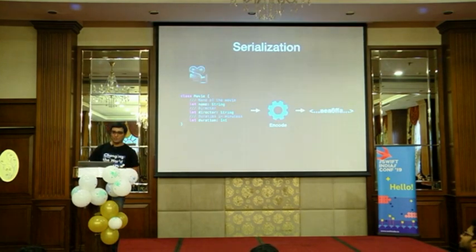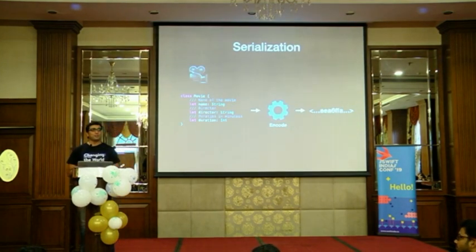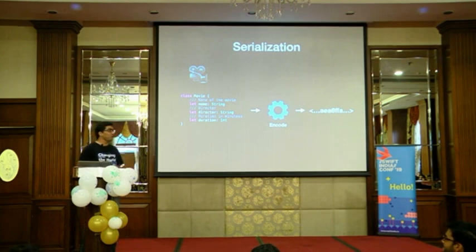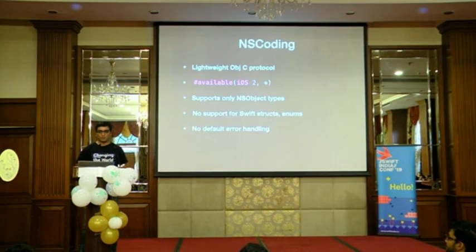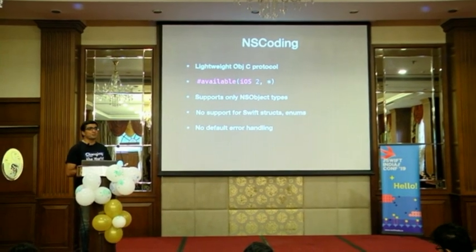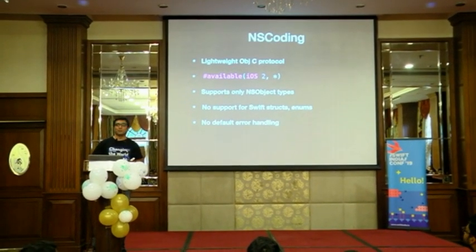Just to give an example, take a movie, we all love movies, don't we? If you want to represent it in the form of an array, a structure or a class, and store it somewhere, you cannot store this class or structure directly. You have to serialize this, and similarly, you have to decode it to put it back into its original format.